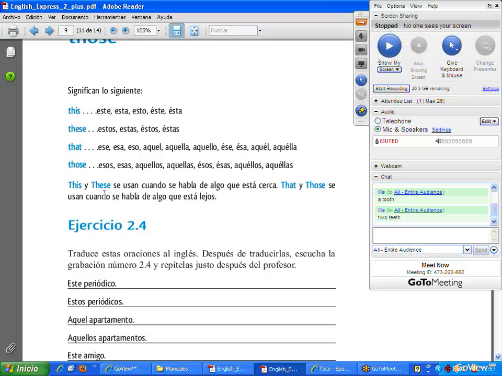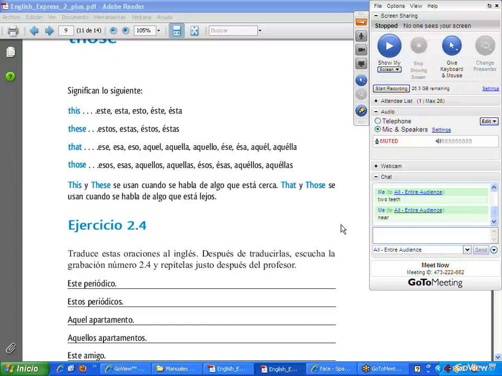When something is far, we use that and those. This and these, that and those. Okay, now we're talking about distance or time.